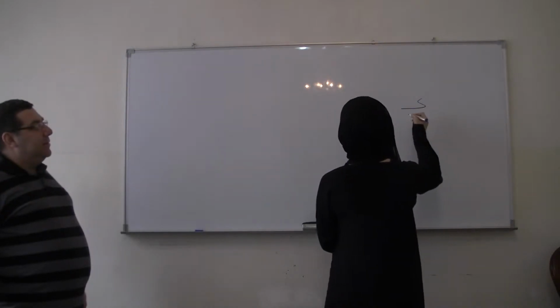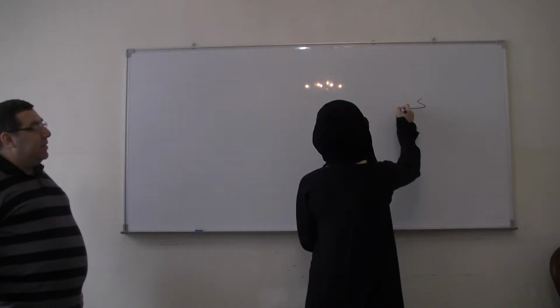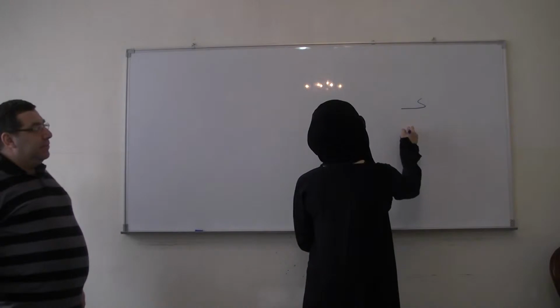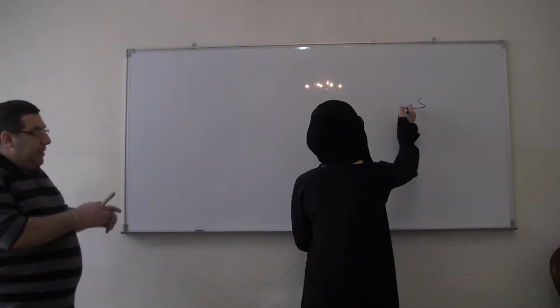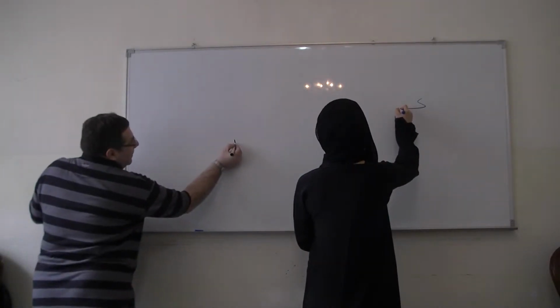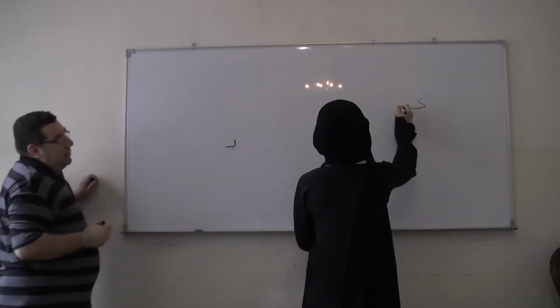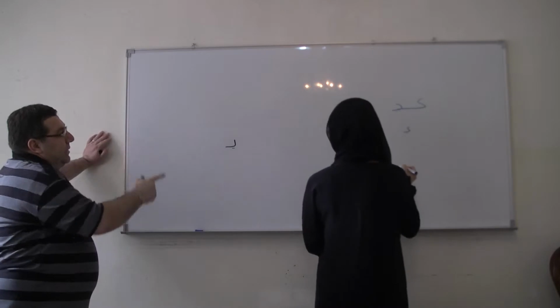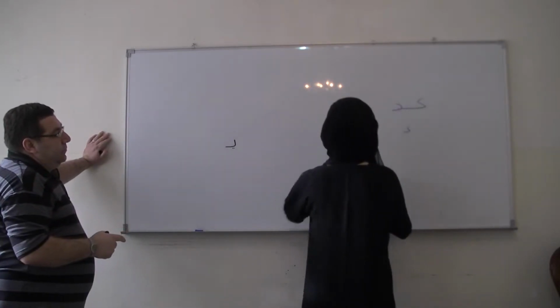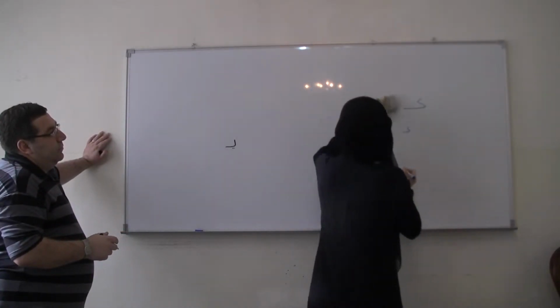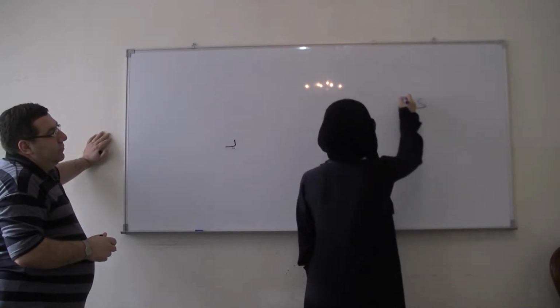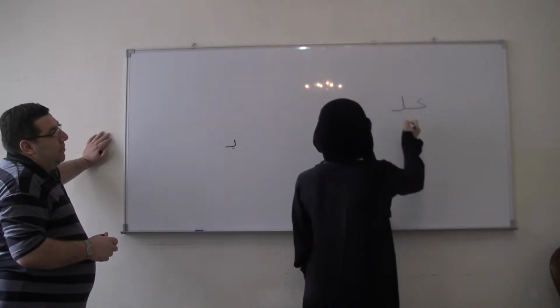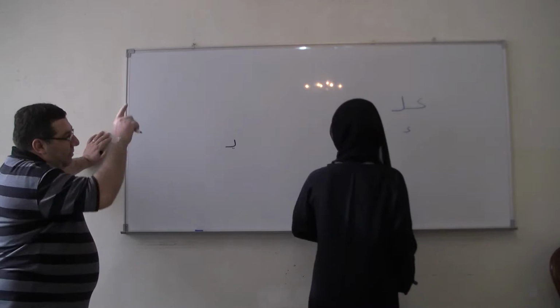Ya at the middle of the word is like this. Okay, so ya at the middle of the word. But it should be straight. But this is lam, it becomes so big. Only make it shorter. Yes, okay.